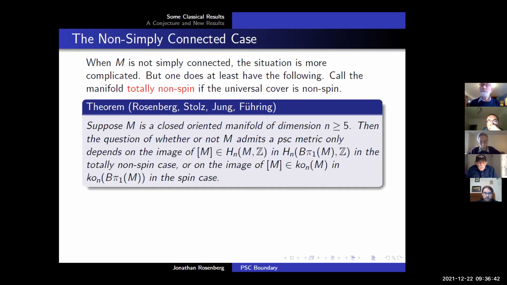That's true, but capital KO is a homomorphic image of little ko. Really, the image of M originally ends up in little ko, and then you can move it from little ko into capital KO. But right now I don't want to move it. I want to keep it in little ko. Well, that makes a lot of sense.